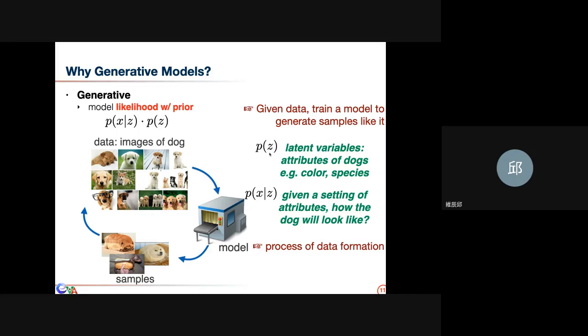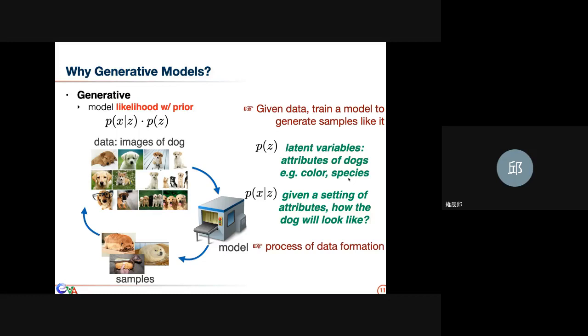The prior understanding can be, for example, some attributes related to the dog: the color of the dog, the species of the dog, whether it is a Chihuahua or a corgi.